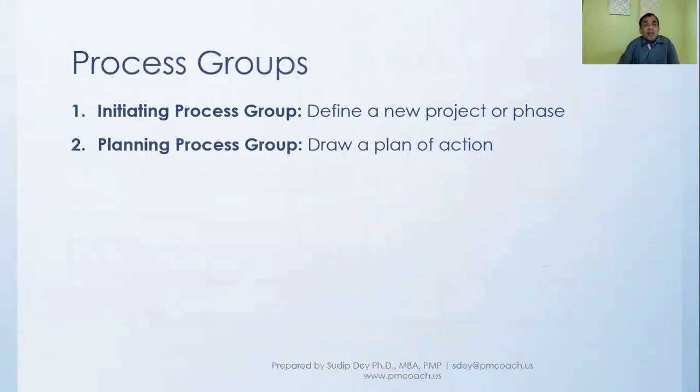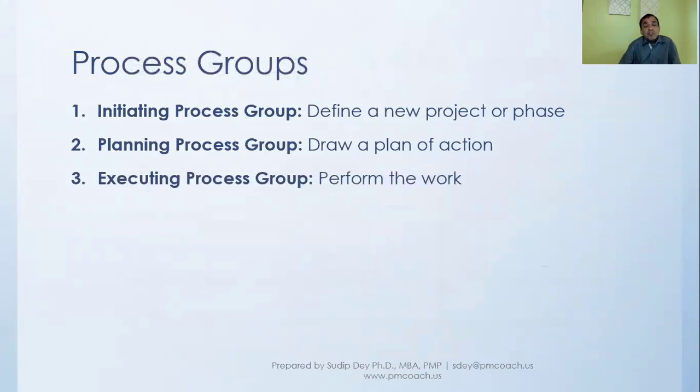And then we have the planning process group, where all the processes work to draw a plan of action. In fact, there will be all sorts of different plans, right? From cost management to schedule plan, to quality plan, to risk plan. All these plans will be drawn by the processes within this planning process group.